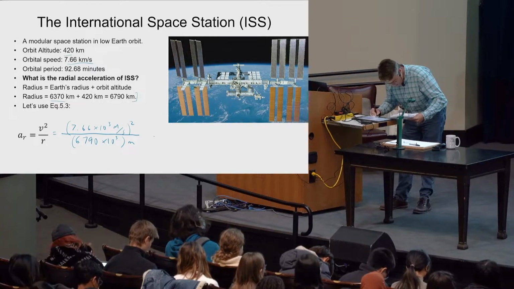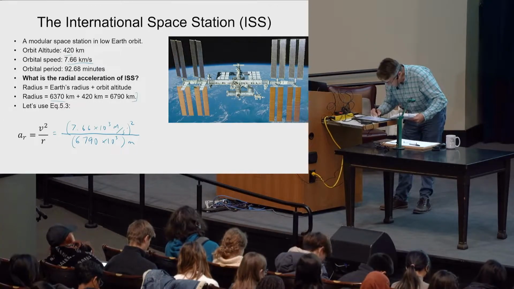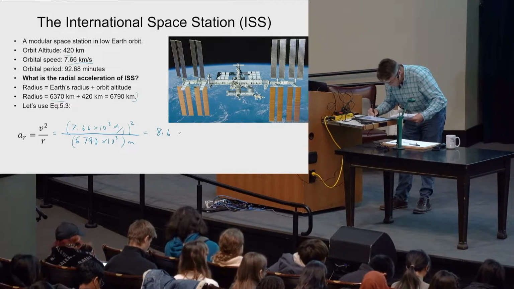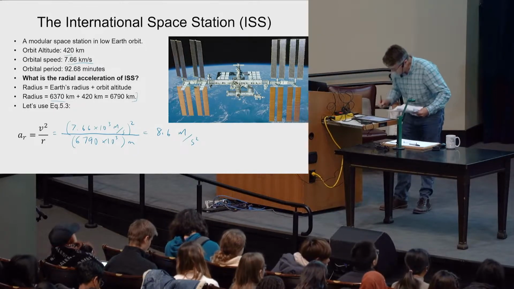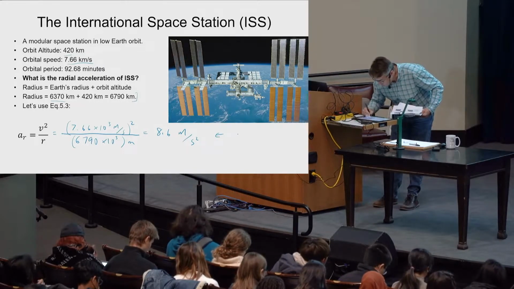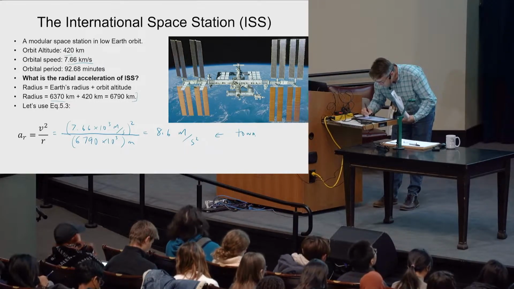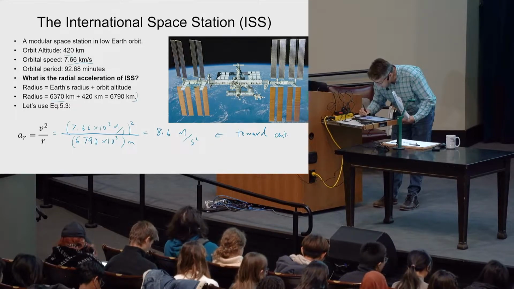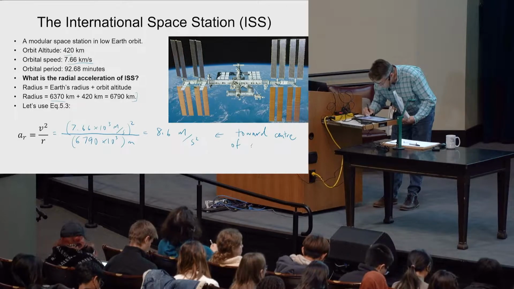And we end up with meters per second squared. I got 8.6 meters per second squared. Interesting. And which way is that? This is toward the center. It's centripetal acceleration of the circular path.